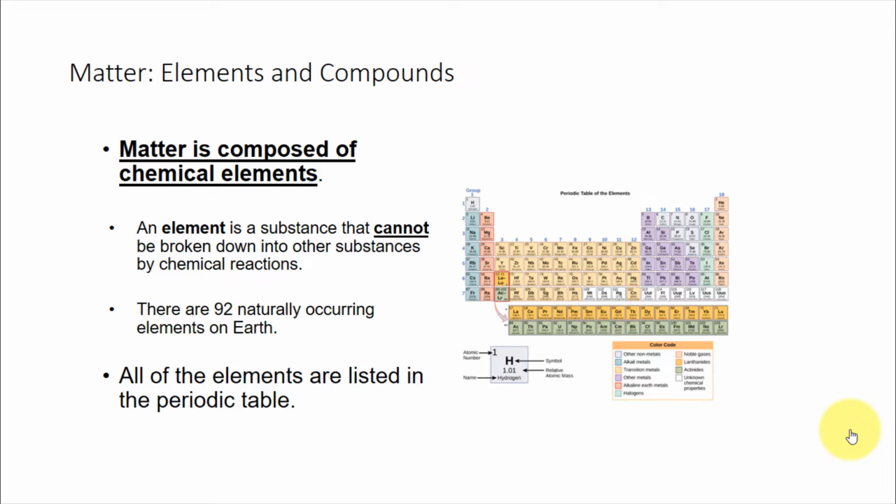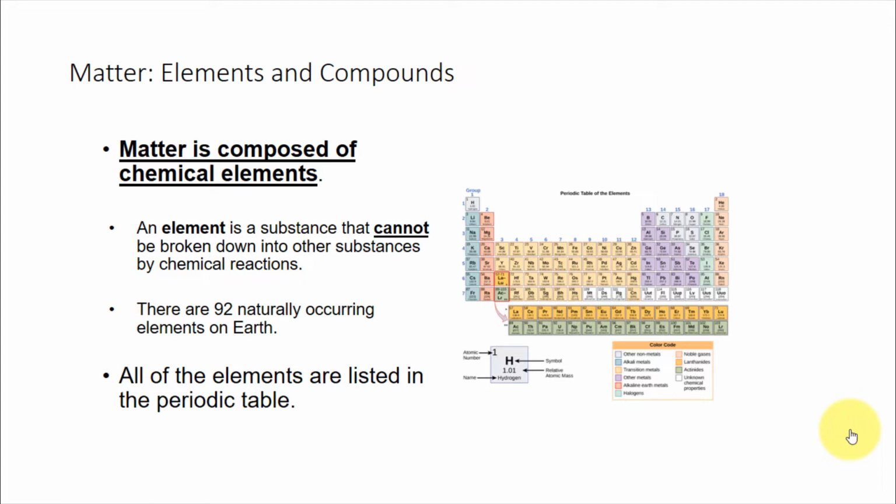And these compounds eventually, if they're complex enough, they turn into molecules and all of that. So anyway, I don't want to get ahead here too much talking about molecules, but I want to go back to the basics of what the elements are.